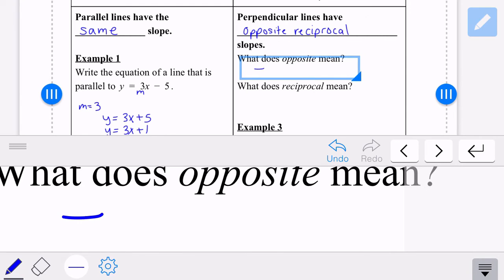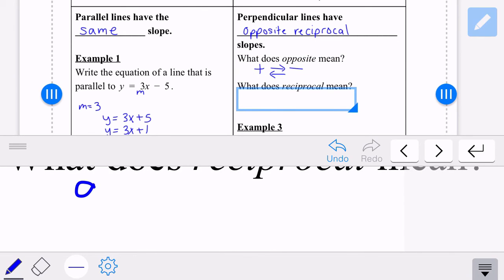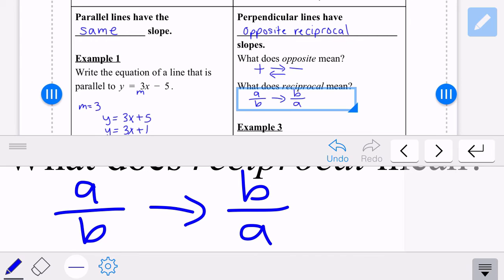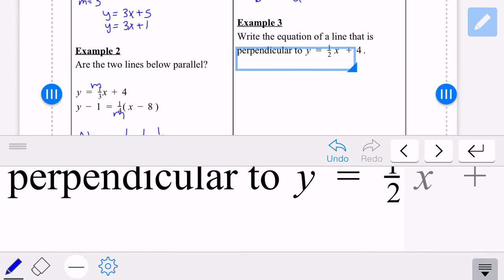Well, opposite means we're switching between positive and negative, or if it's negative, you're going back to a positive. Reciprocal, that's where we flip the fraction. So if we have a over b, we're going to flip that and put the bottom number on the top and the top number on the bottom. So you're switching that numerator and denominator.